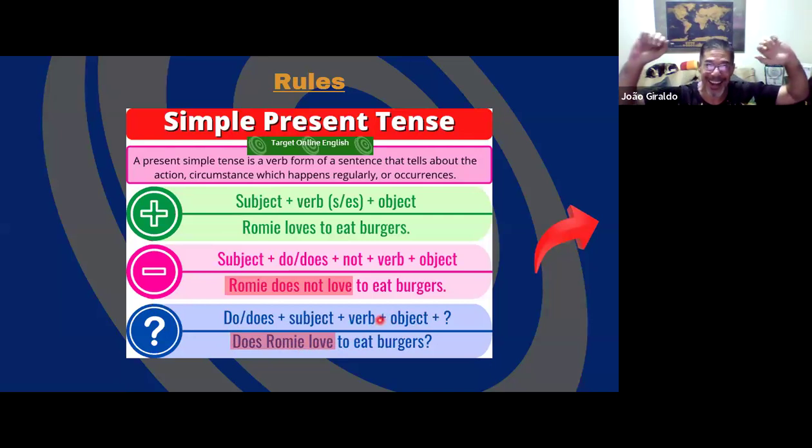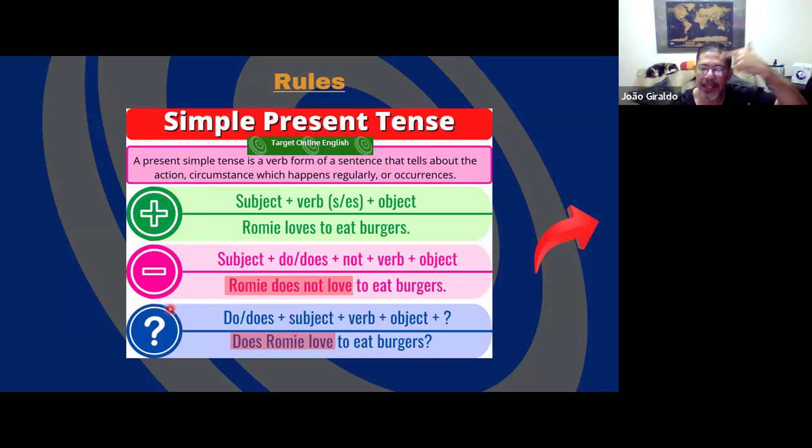Attention, attention, attention. What you need to remember: verb variation only for he, she, and it, and only in affirmative sentences. Never verb variation in negative and in interrogative.